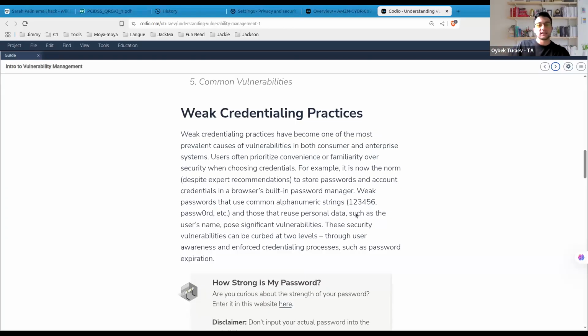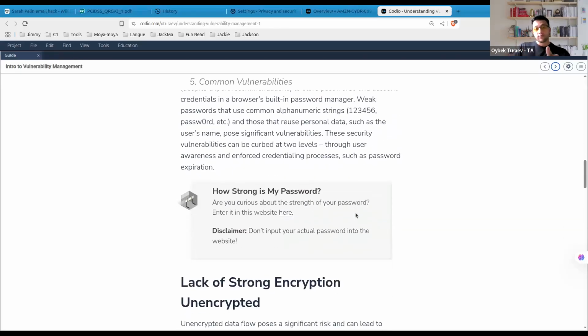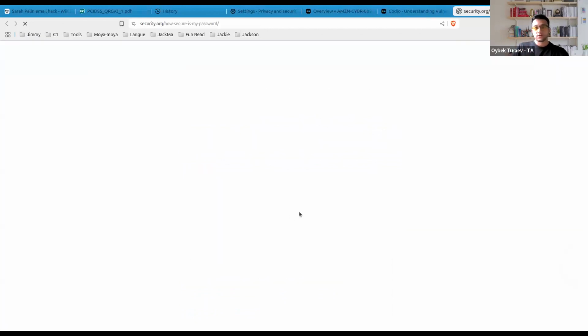That's why it's a good idea to apply these practices and avoid weak passwords. And we also have a website to check your password. You just visit there and see how strong your password is.